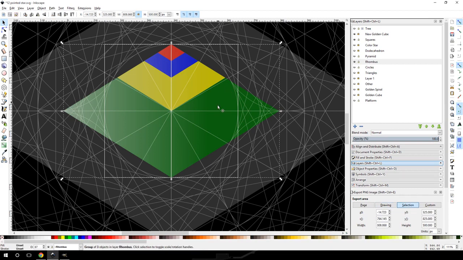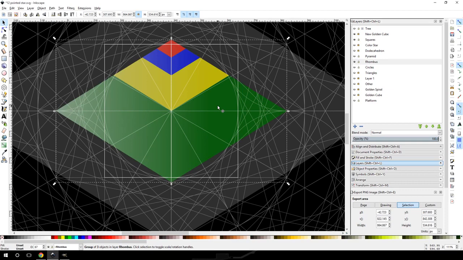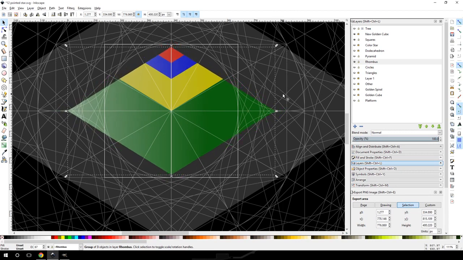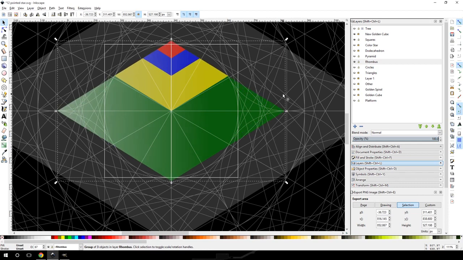What I tend to look for is four points. Here's our first one right here. There's probably one even sooner, but you don't have a circle to use, so you don't have the top two points to use.